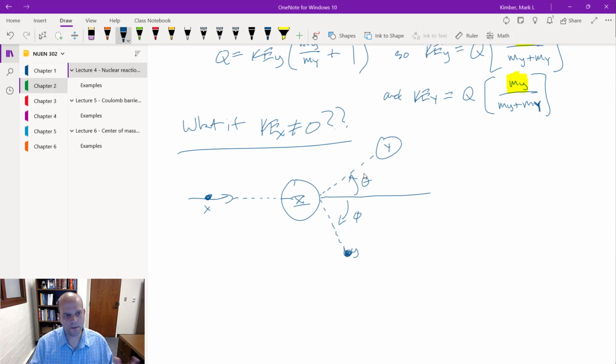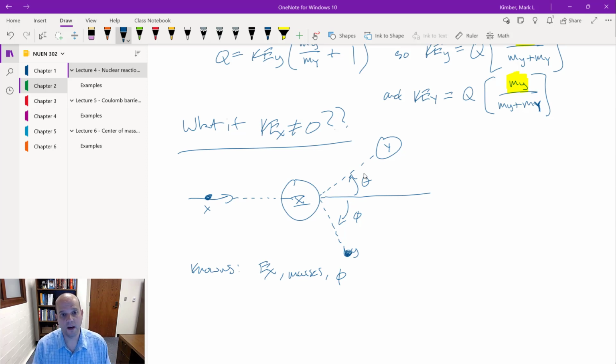So in this problem now, the unknowns are my kinetic energies. I'm assuming I know the one coming in though. So the knowns: generally I know the kinetic energy of my projectile, I'm going to assume that I know the masses, and in this case that I know that angle.